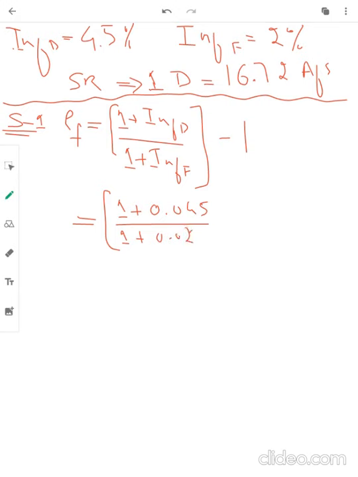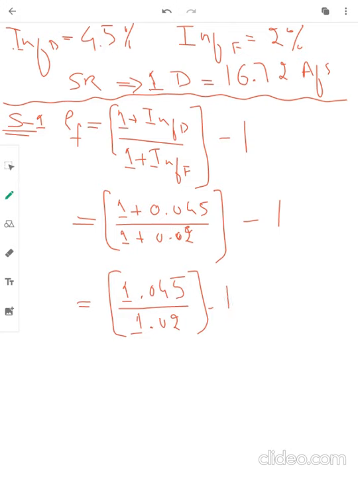Sorry for the handwriting because the touch pen is having a little problem, minus 1. So let's plus it up. When you plus it, it becomes 1.045 divided by 1.02 minus 1.